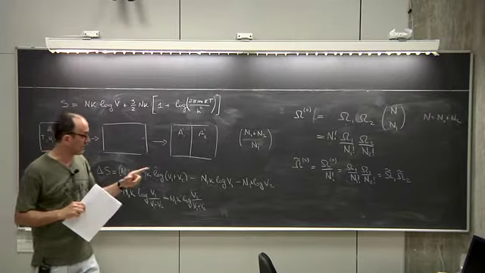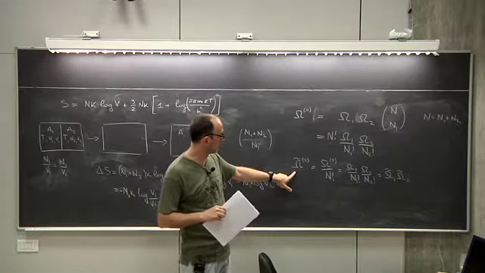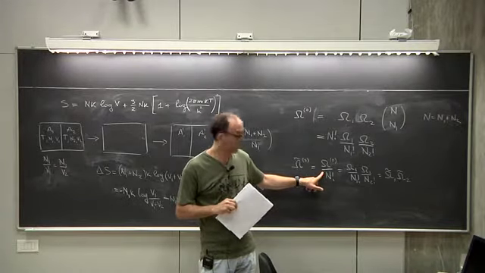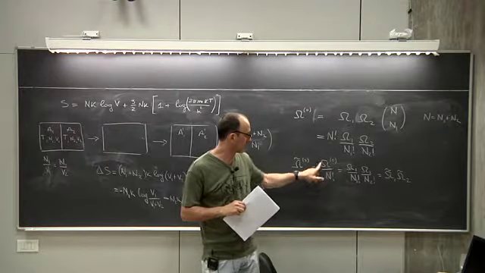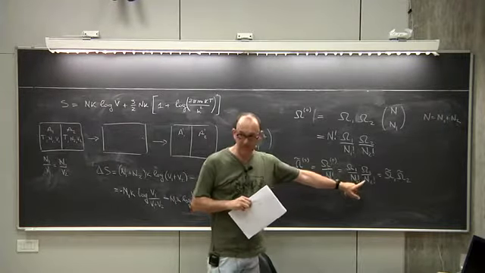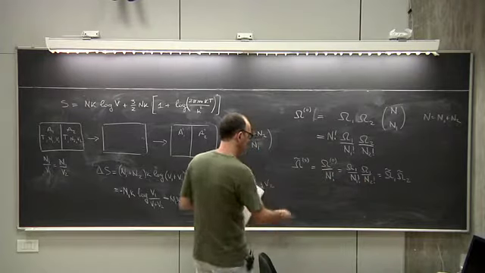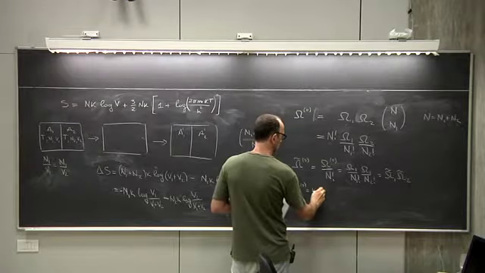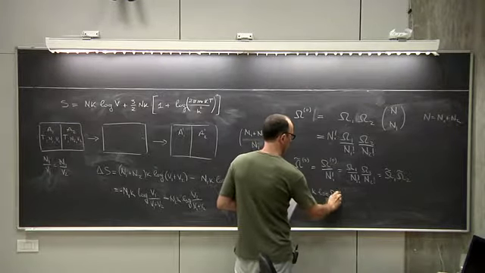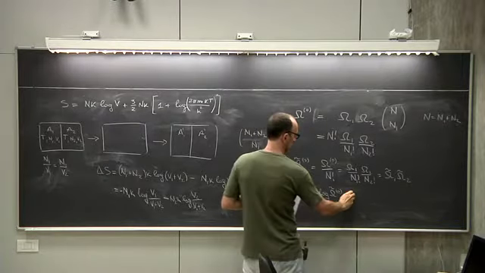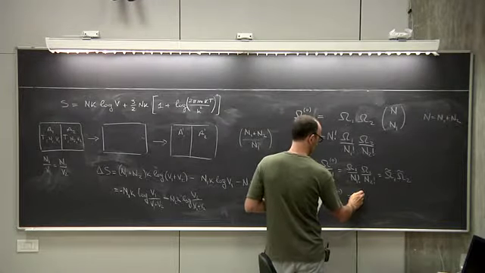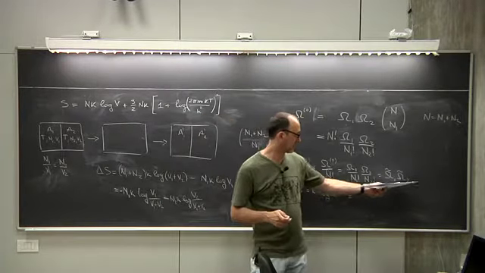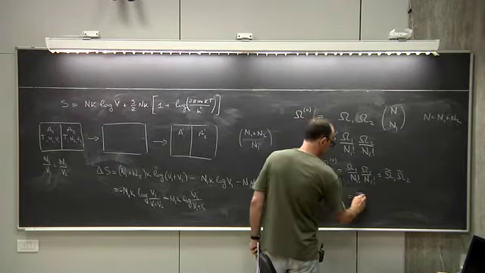Okay? And you see, if you have this property, when you compute the entropy of the total system, it will be just the sum of the entropies of the two systems. If you compute the entropy of the total system, this is k times the log of omega 0, and this will be just the sum of the log of omega tilde 1 and omega tilde 2, which is the sum of the two entropies.